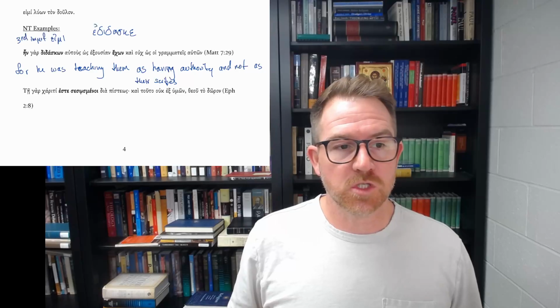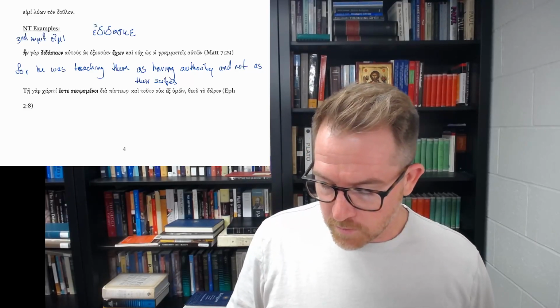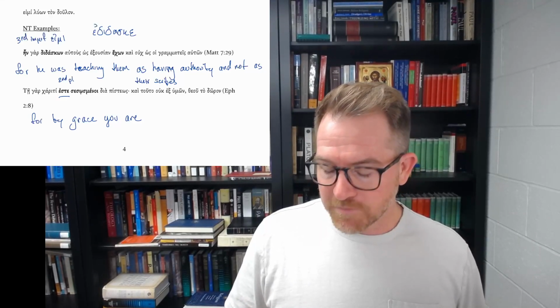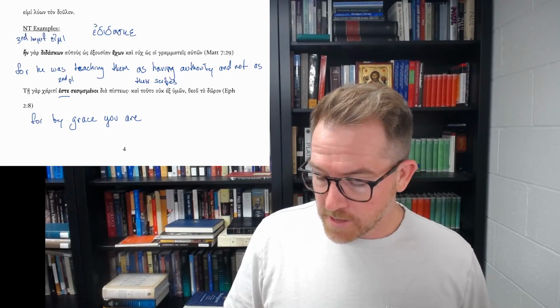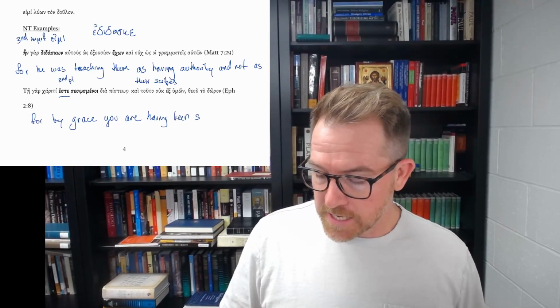Another example, Ephesians 2:8, famous text, tē gar chariti, for by grace, you are, and this is the present tense, second person plural, y'all are, sesōsmenoi, perfect passive participle, having been saved.